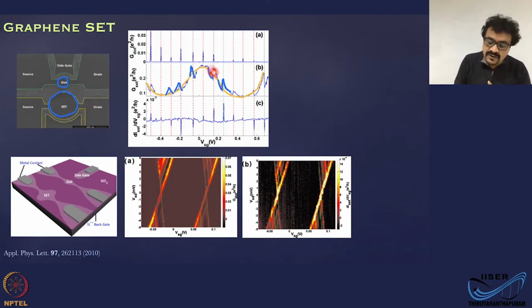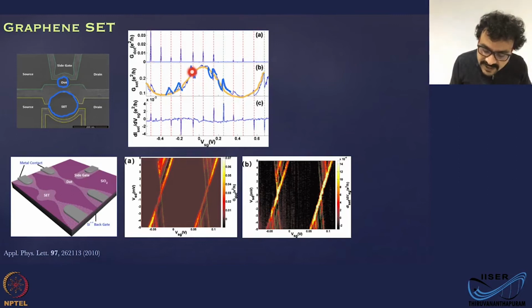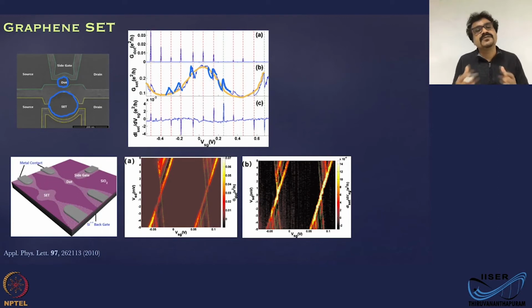And this is going to be much slower because this gate is further away and this dot is larger. The effect of this gate on the single electron transistor will be much weaker than on the dot, because it's much farther away. Okay, so the slow oscillation that you are seeing is the Coulomb blockade oscillation of the sensor, and the fast oscillation corresponds to the charging and discharging events in the graphene quantum dot.